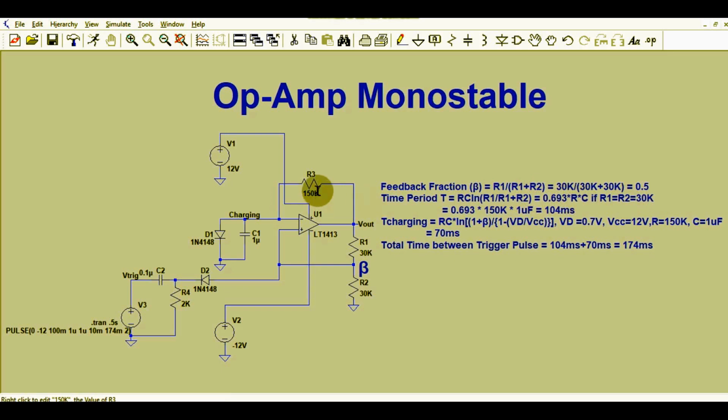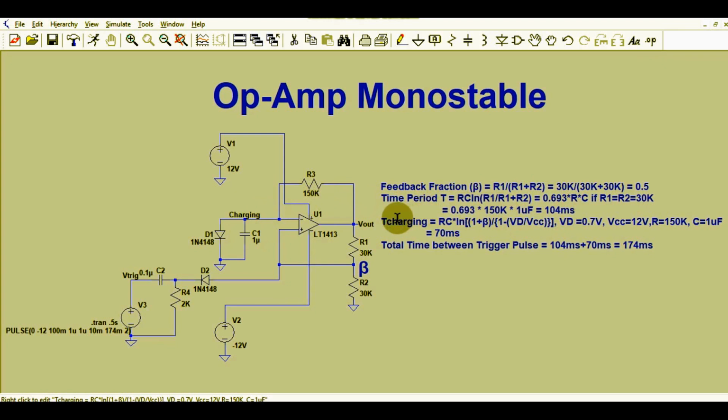Where R is 150K and C is 1 microfarad. If you put these values, 150K and 1 microfarad, you will get 104 millisecond. So this is your total time period, right?